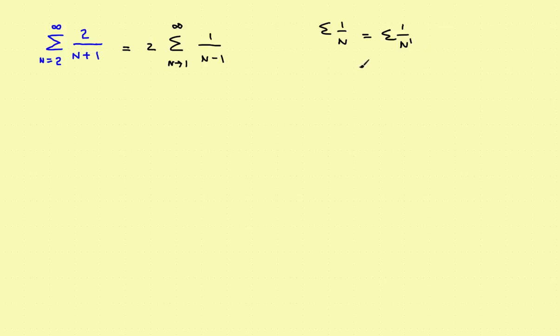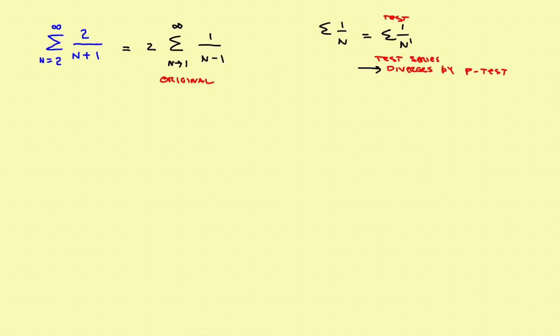And you can show that this, and again, I'll kind of write it like this. Here is your original series, and this is your new test series. Well, you can show that this test series diverges by the p-test, just like we did last time, so that you know that the test series diverges.